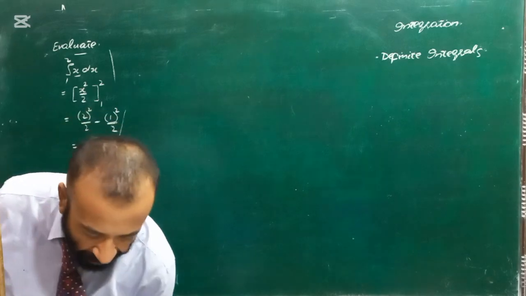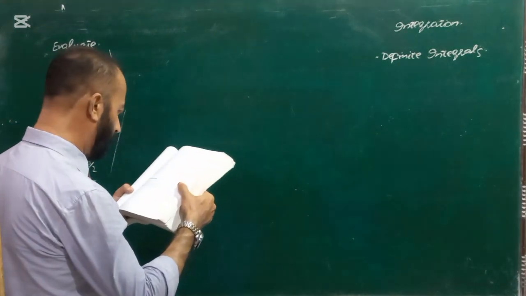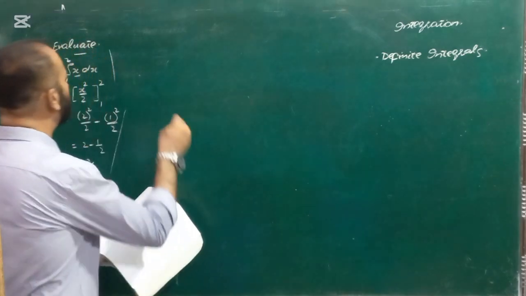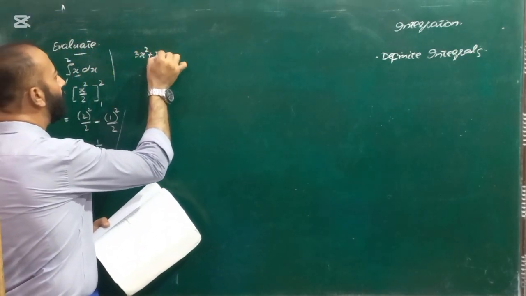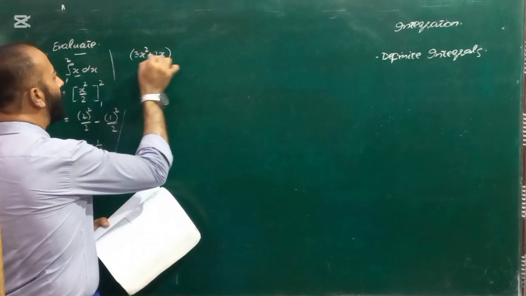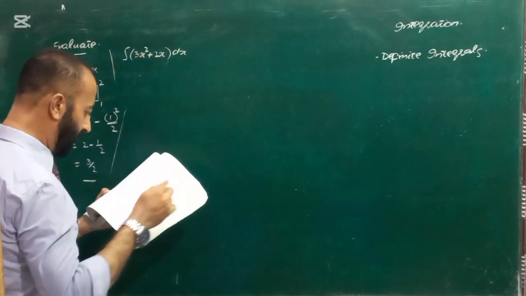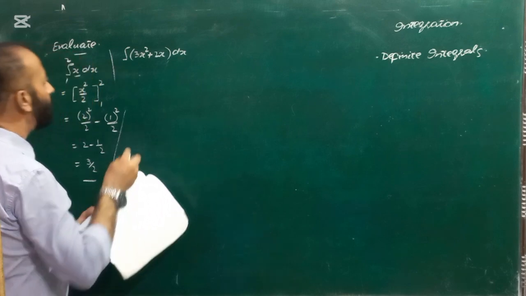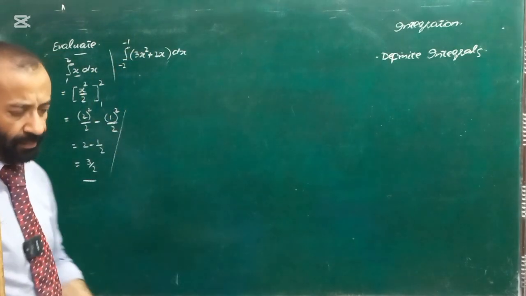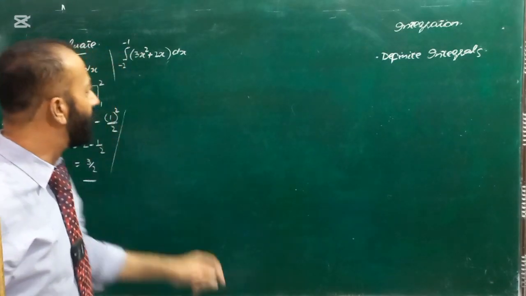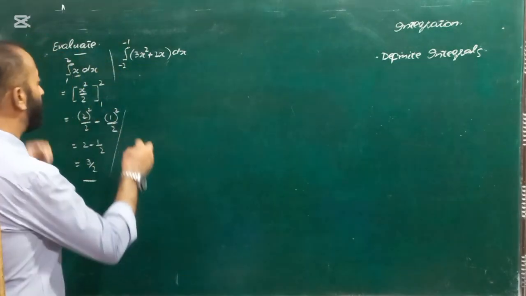Okay, we are solving some more questions. So integral of 3x square plus 2x dx and the limit is from minus 2 to minus 1. Look now, first we will ignore the limits and we will integrate this function in a usual way.